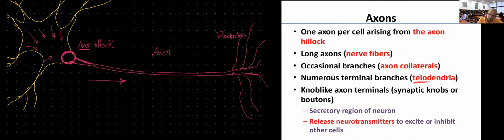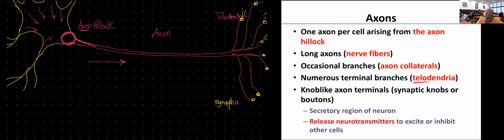Also, at the end of each of those terminal ends, we've got a bulging part. This is the secretory part that will be releasing the neurotransmitters that will allow you to transmit the signal to the effector organ or to another nerve cell. We call those my synaptic knobs or boutons.